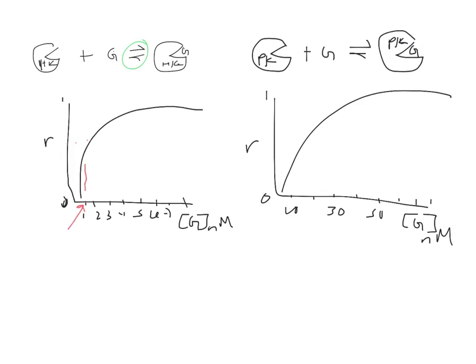Because of the way I drew my graph, it looks like the KD on this graph is about 1 nanomolar. And 50%, bring it over, drop it down. Let's say that KD is about 18 nanomolar. Now, which one binds glucose better?